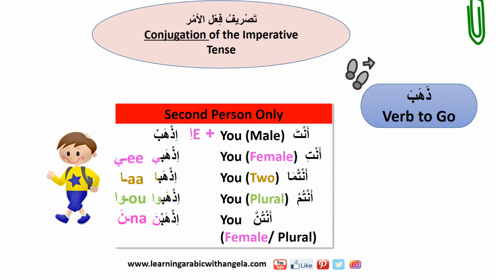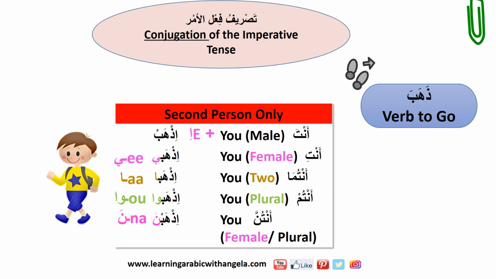So let's consider the conjugation of verb ذهب with the second person pronouns, because we only use the second person pronouns for the imperative. أنت اذهب. Remember we added the alif sound. اذهب. And we use سكون at the end because the verb has no vowel ending. أنت اذهبي. أنتما اذهبا. أنتم اذهبوا.